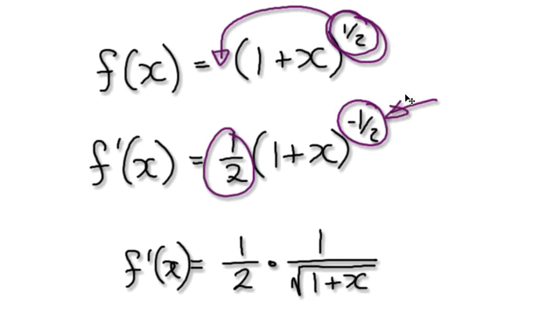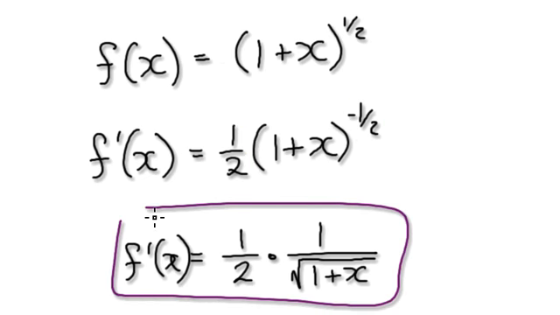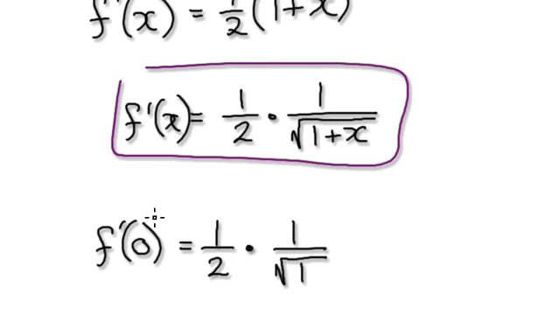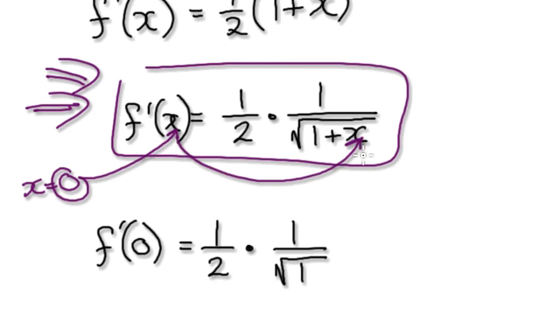So the derivative is given by this, but this is the general case, the derivative for all x. We need the gradient at x equals 0, so at x equals 0, we need to put this into here.